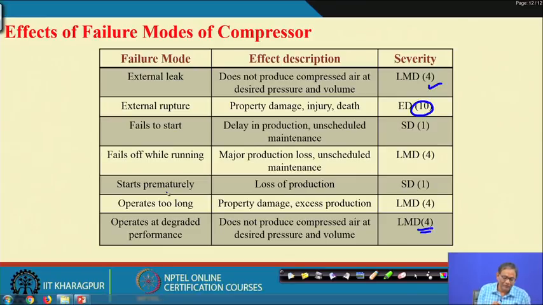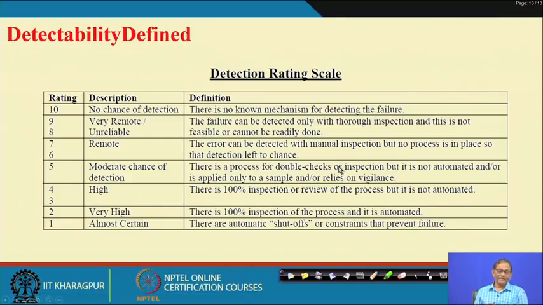So, you have to know that on the occurrence of a mode, what level of loss to the system is going to happen, and accordingly you put the value from the 10 point scale given. Then detectability. In the detectability case, if the failure mode is easily detectable, then what will be the value?